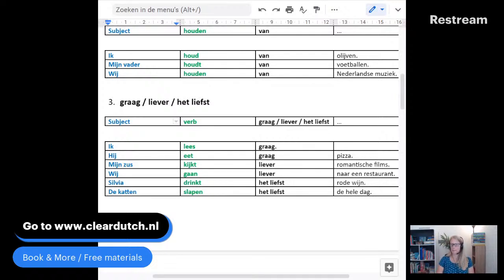So let's give you an example so you can practice a bit. What about movies? I like movies. How would you say that? But with graag. Of course, the meaning changes a little bit because there will be a verb in it. How do you say that?